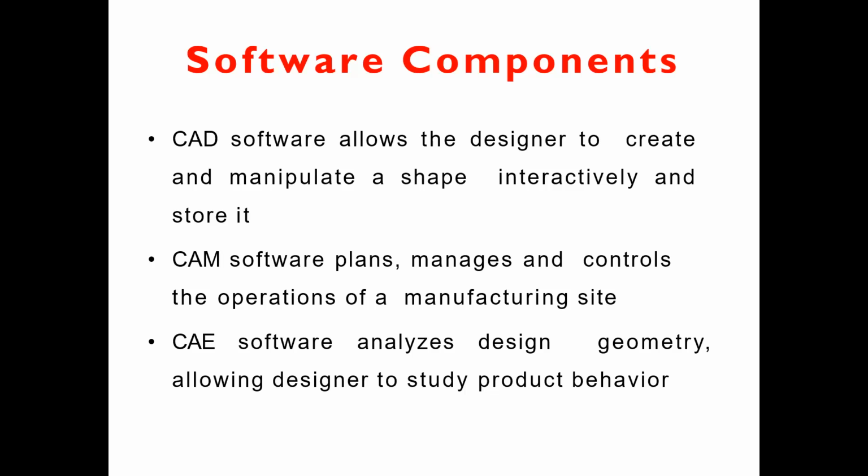So different operating systems are there, but most of the CAD softwares support only Windows. Linux versions are also there, but Windows versions are most popular in CAD softwares. So we have the operating system, which is a software, and also the application package or CAD software that is installed in an operating system.